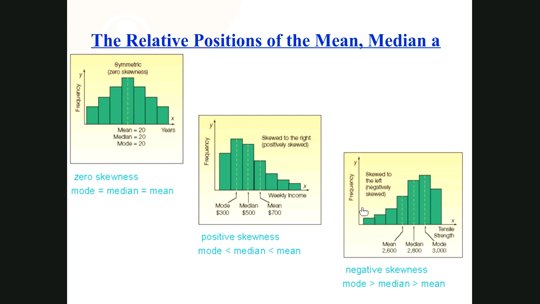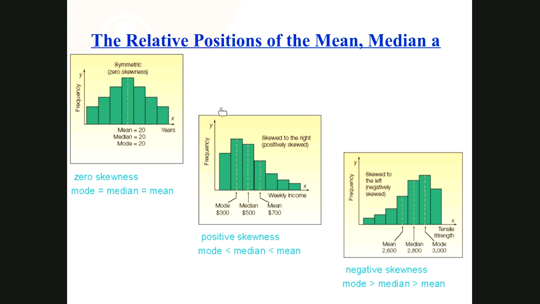So in the example here, this has zero skewness, which means it's not going one way or the other. If you made a line, not a straight line, but a curved line, this would look like a bell curve, okay? And in this example, when you have a symmetrical curve, the mean, the median, and the mode are all the same.